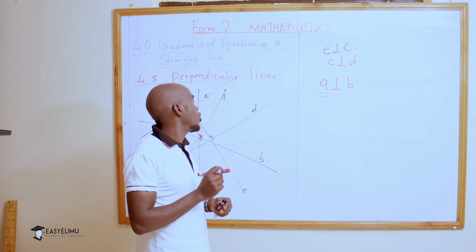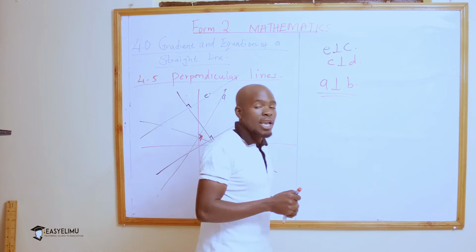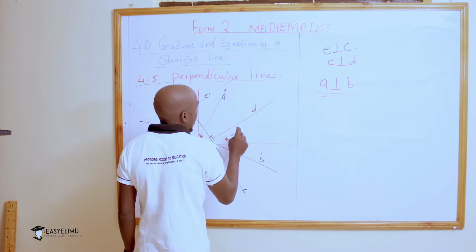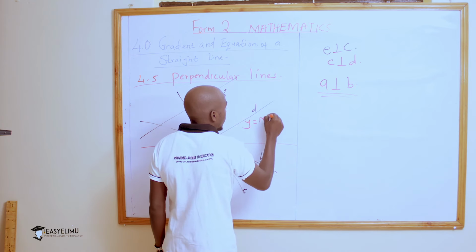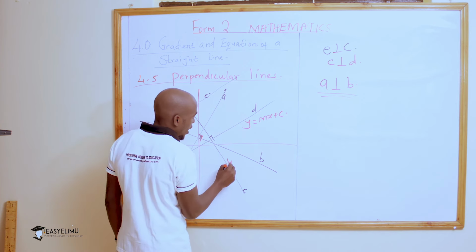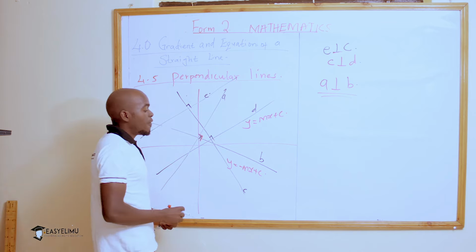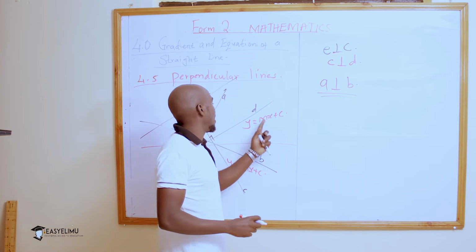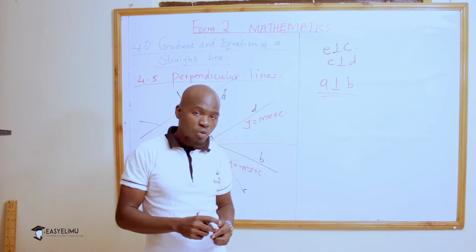What happens to the equations of their lines? If you have been given the equation of this line, for example y = mx + c, and this one here which it cuts is y = -mx + c, and you compute the gradient of this and the gradient of that, you will find that the product is equal to negative 1.